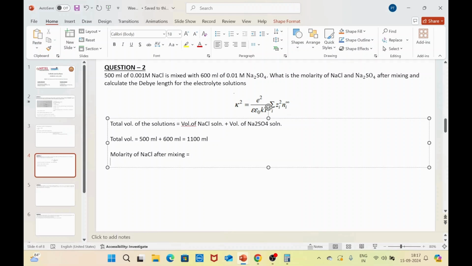When you mix two solutions and have to calculate the concentration after mixing, you can use the dilution formula. Usually this is used for dilution: M1 V1 equal to M2 V2, conservation of moles.